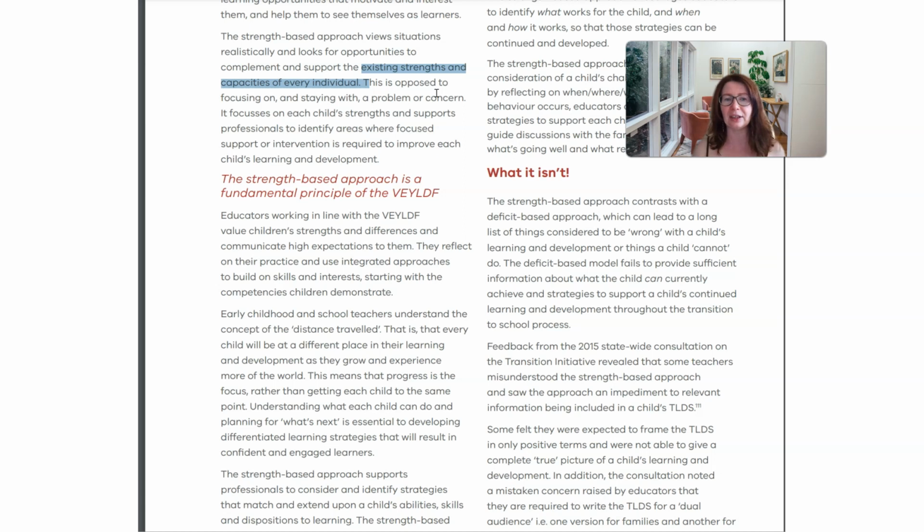We don't look at delay as a problem straight away. We consider each child's strengths and we are looking for support to identify areas that we need more focus in terms of intervention to improve each child's learning and development to help them achieve their top potential.